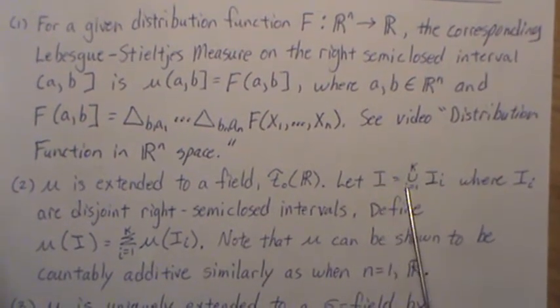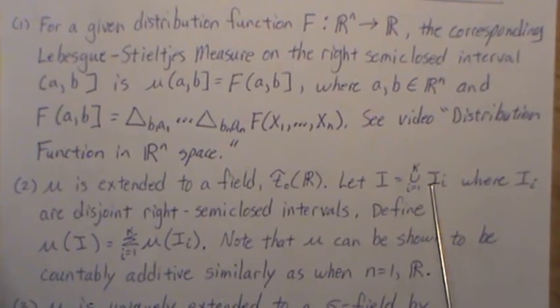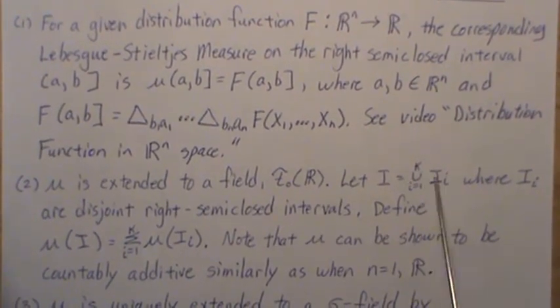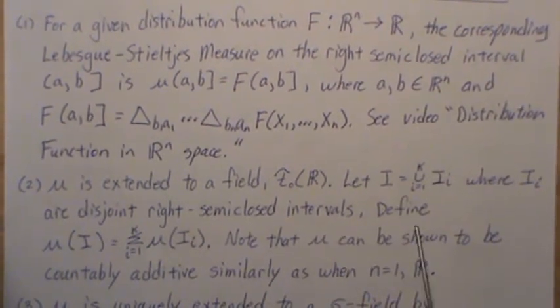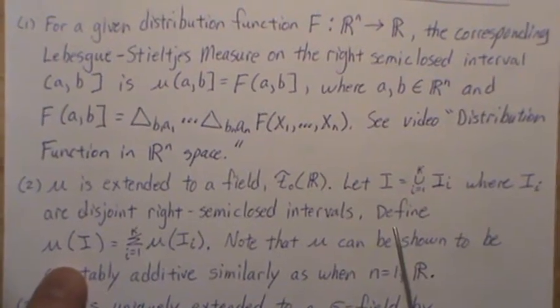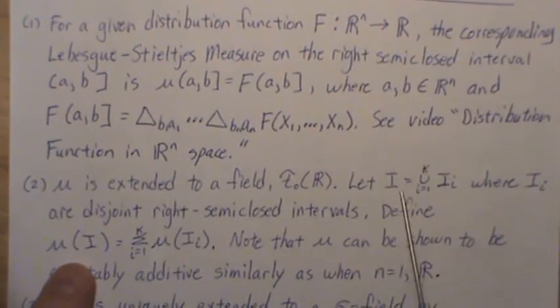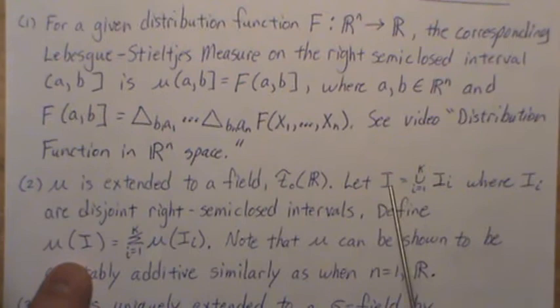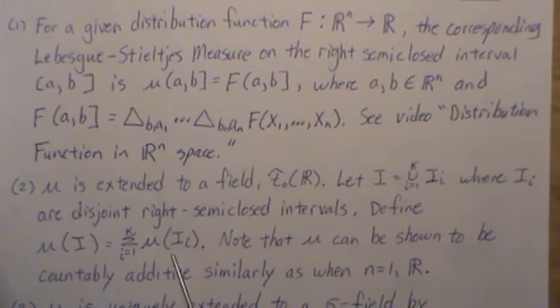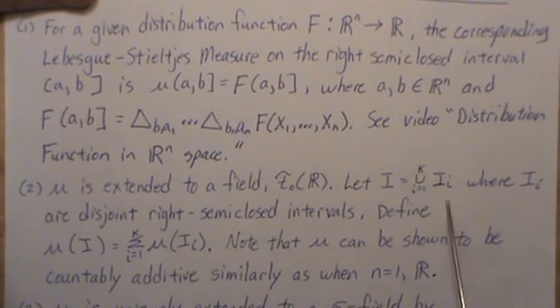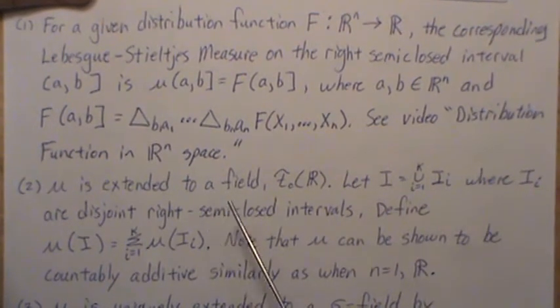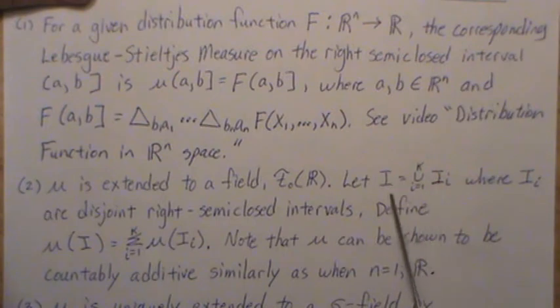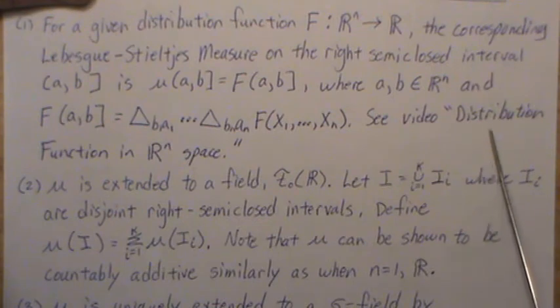If we let I equal the sum of I sub i, where the I sub i are disjoint right semi-closed intervals, then we define the measure mu of I as the sum of the measures of the disjoint sets. And actually in the video, distribution function in Rn space, we touch upon this, where you can break up intervals into disjoint intervals, and then the overall measure is the sum of the measures, and we give a heuristic proof of that.